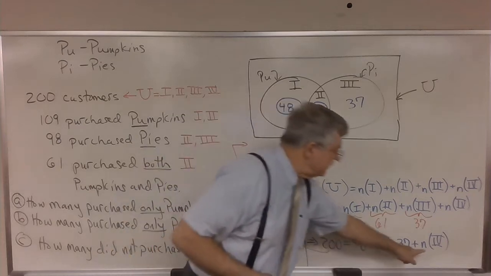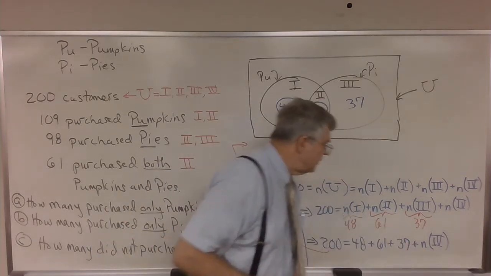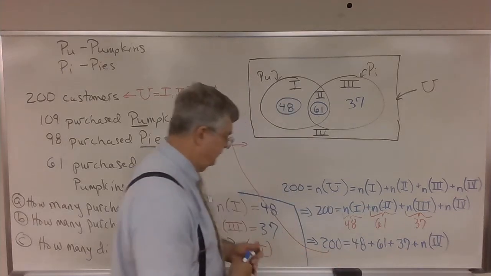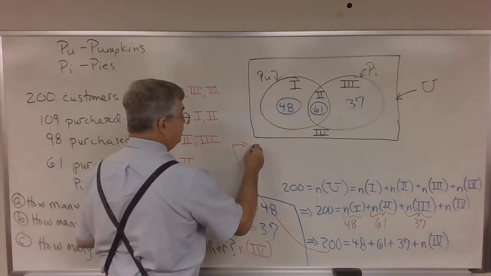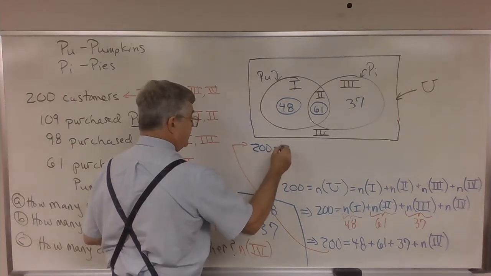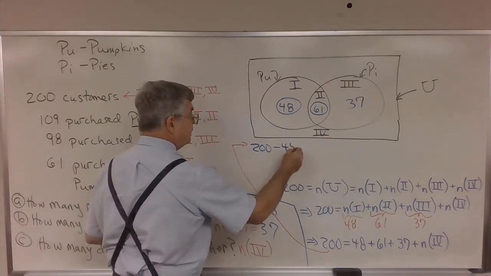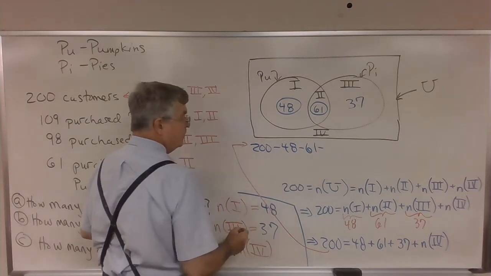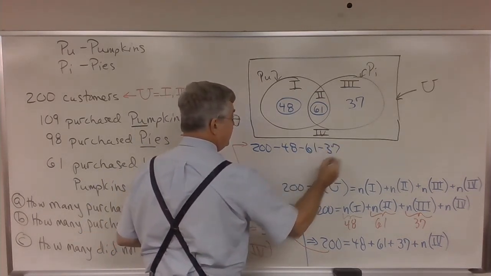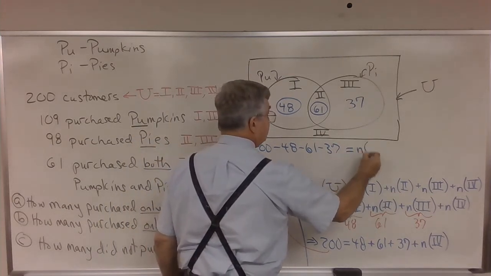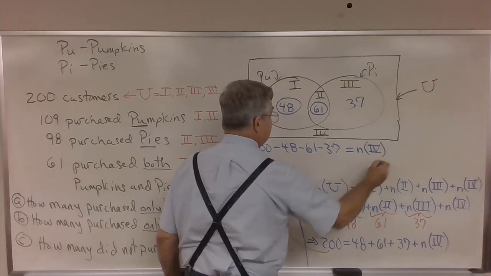I'm going to leave region 4 on this side of the equation and move all of the other things to the left side. So I'll have 200 minus 48 minus 61 minus 37 equals the number of people in region 4.